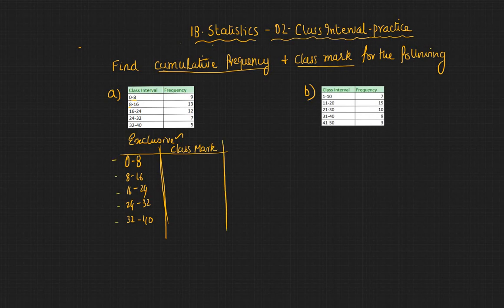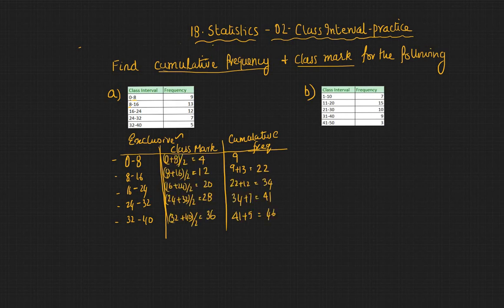So I would urge you to pause the video and try to do the cumulative frequency and the class mark. Class mark would be the average of this, and cumulative frequency is you keep adding. The first one is 9, the second one is 9 plus 13, and so on. So pause the video here and try to do this.